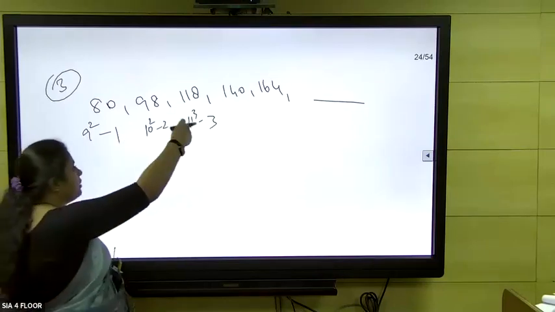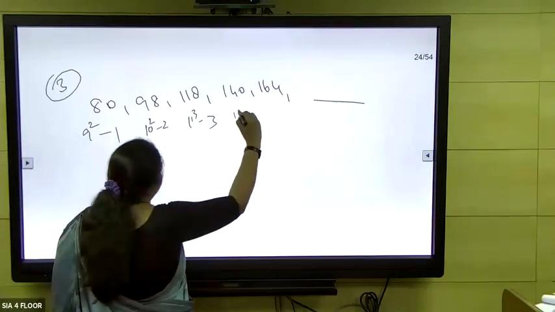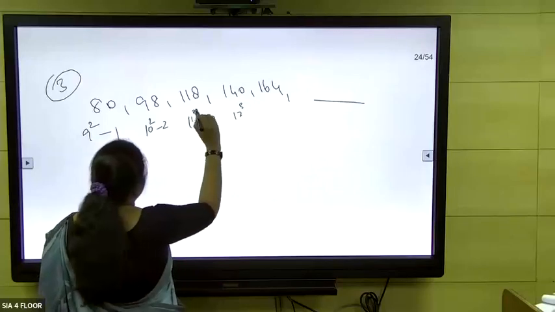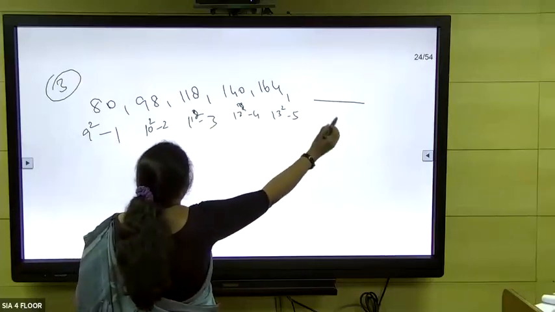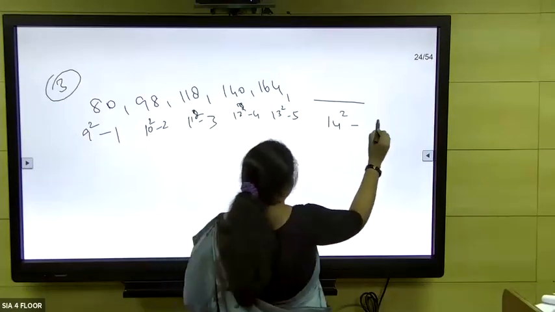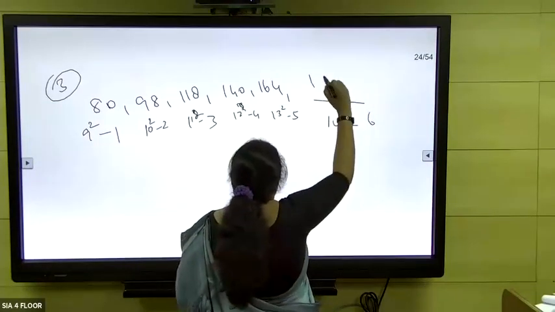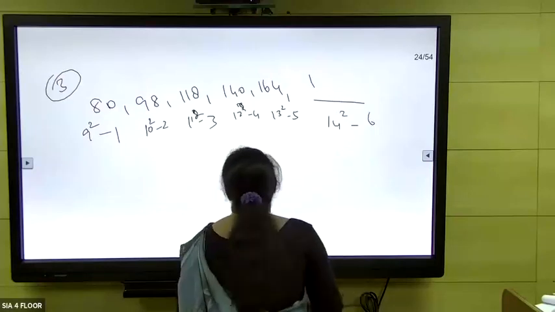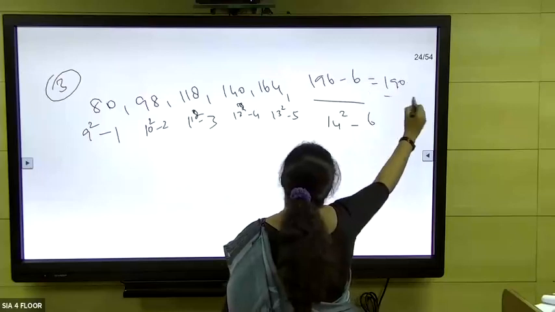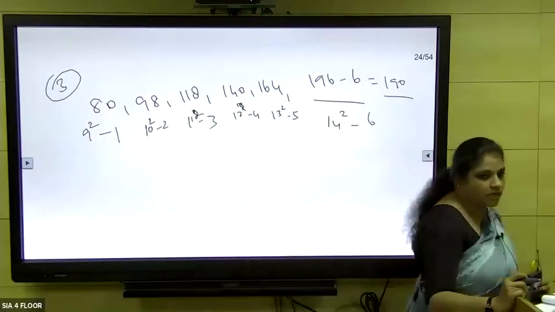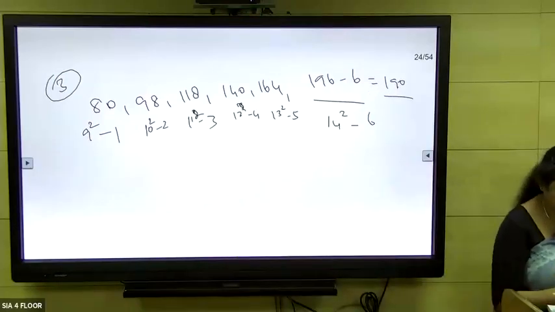So minus 1, minus 2, minus 3, then 12 square minus 4, 13 square minus 5. So here comes 14 square minus 6: 196 minus 6, so that's 190.